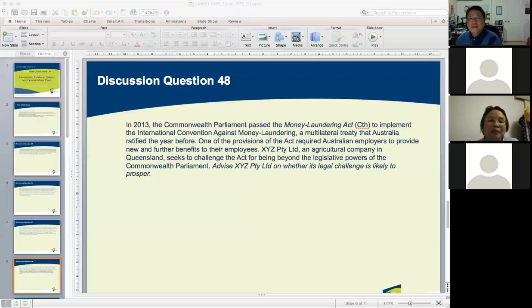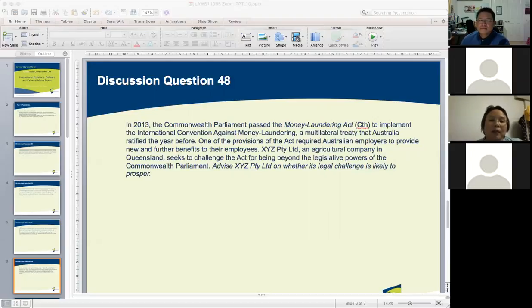The one I have just briefly is that this power is not unlimited, and the High Court recognizes three broad restrictions on the Commonwealth's power to implement treaty obligations. A treaty must be a bona fide international agreement. It must be reasonably related to the treaty. The treaty power is limited by other aspects of the Constitution, such as the implied right to political communication and guarantees contained in Section 116, religious freedom, and Section 92, free trade within the Commonwealth.